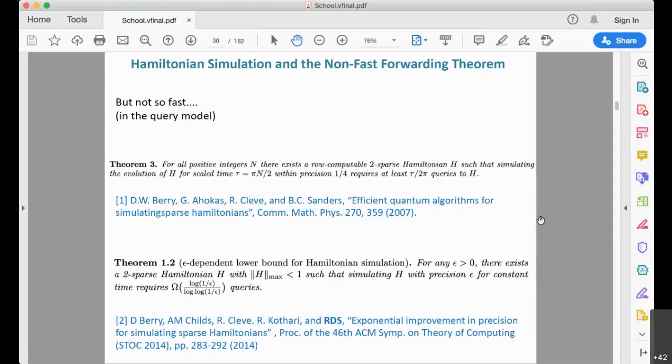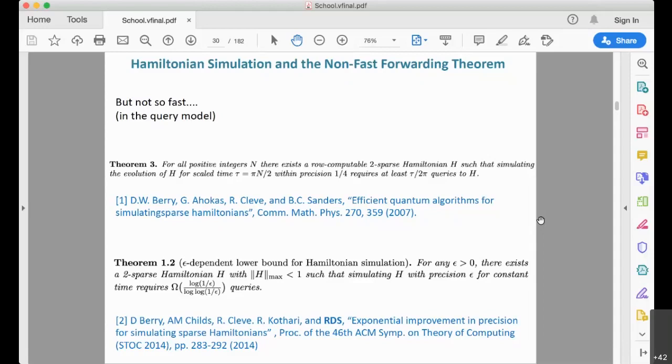So roughly what this is telling you is that no matter what your Hamiltonian simulation algorithm looks like, if you are trying to simulate a Hamiltonian for time t, you need something that is at least linear in t number of 1 and 2 qubit gates.